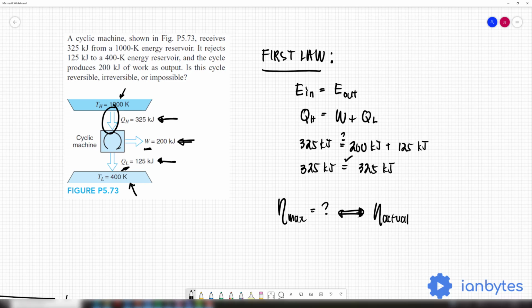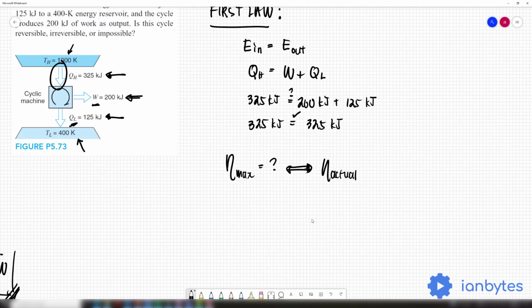However, if the actual efficiency is higher than the maximum efficiency, logically and thermodynamically, the cycle by which the cyclic machine is operating is impossible. Now, recall that the formula for the maximum efficiency of a heat engine is just given by 1 minus TL over TH. Also, recall na ang actual efficiency ng ating heat engine ay equal lang sa 1 minus QL over QH.